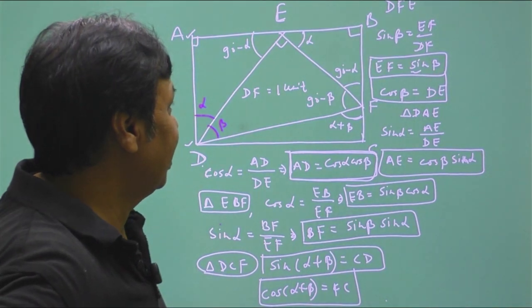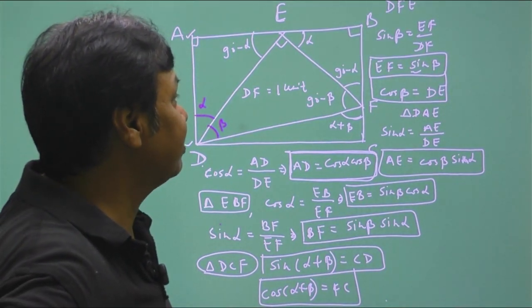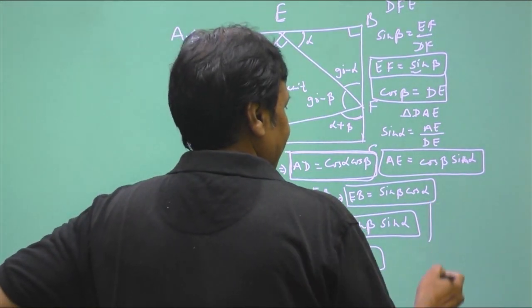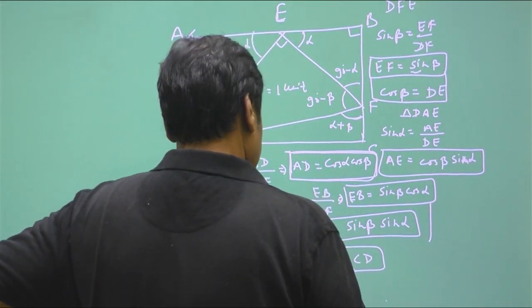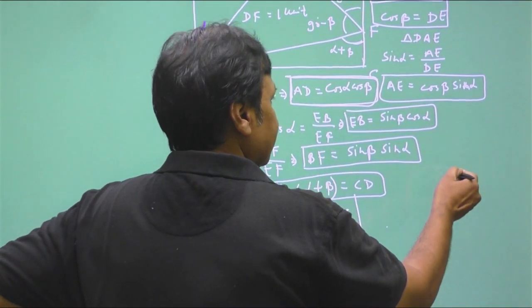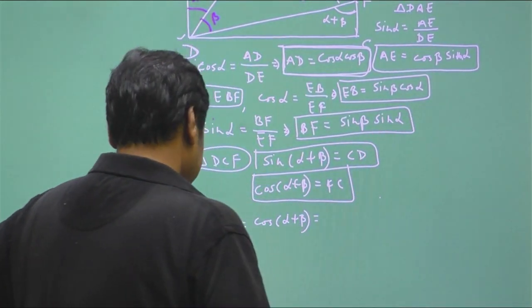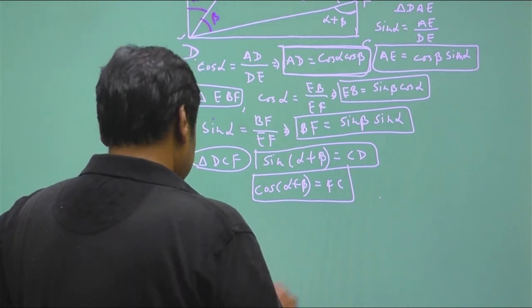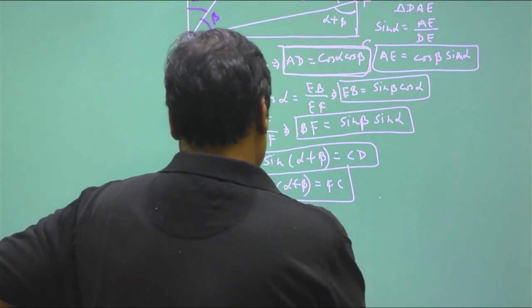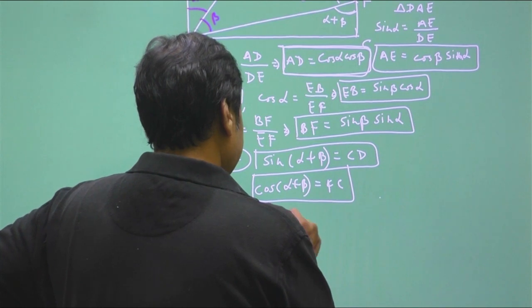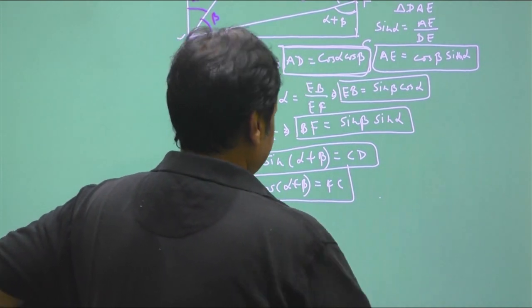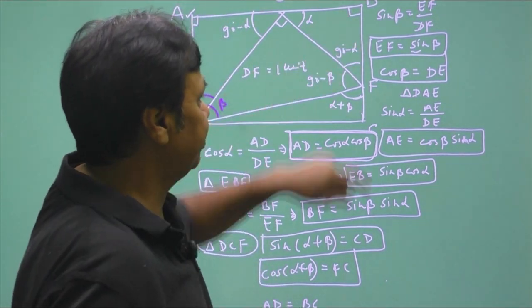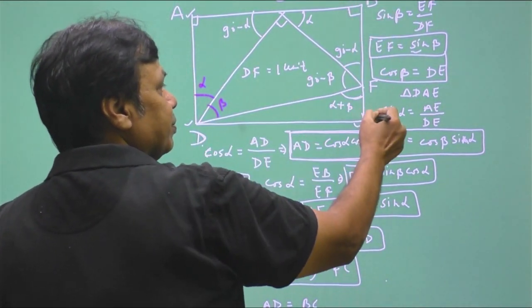And BC is BF plus FC. So let me write: AD equals BC.